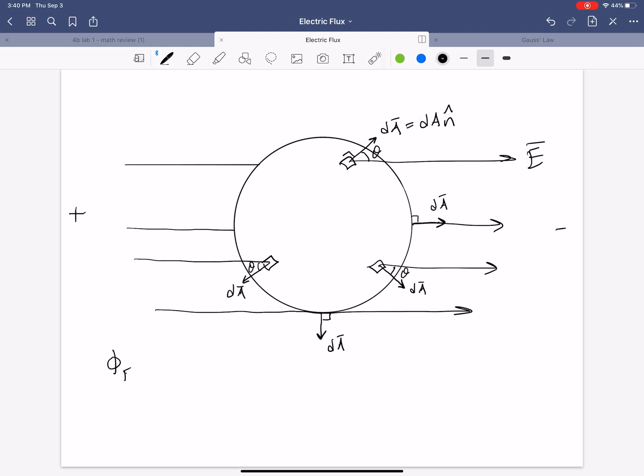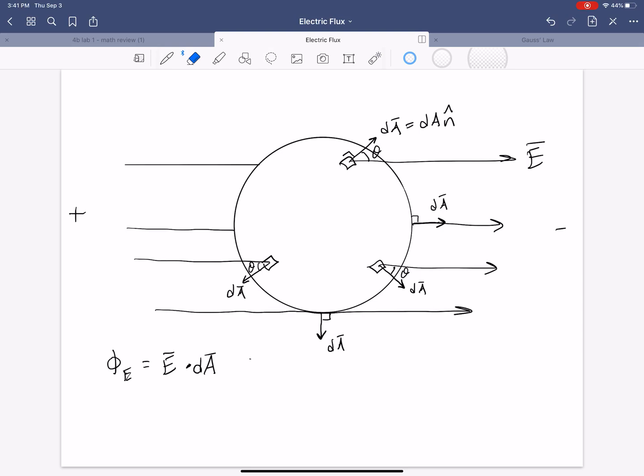The net electric flux, phi sub E, is the relationship between the electric field and area, or we can write that as the integral of E dot dA, since we don't just have one area vector. We write dA because that takes into account all of the possible dA orientations.